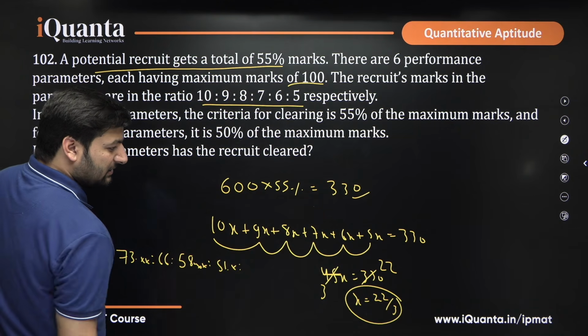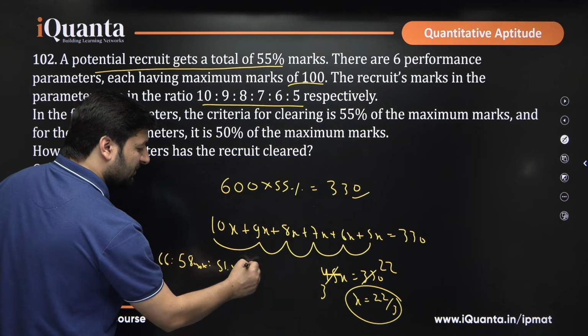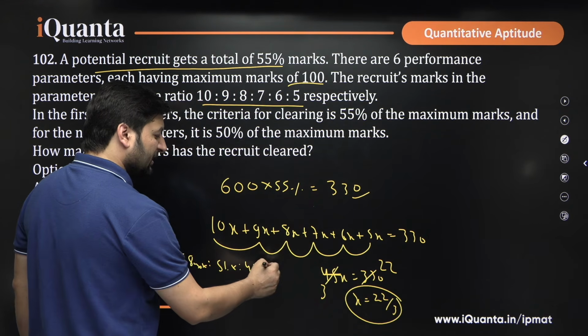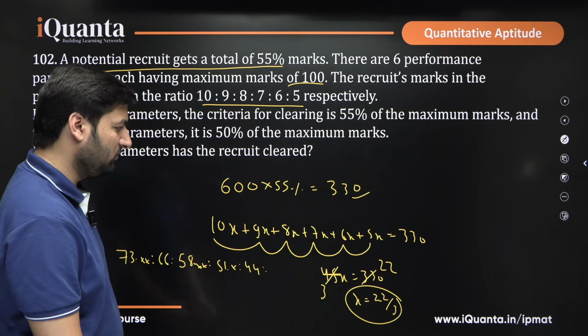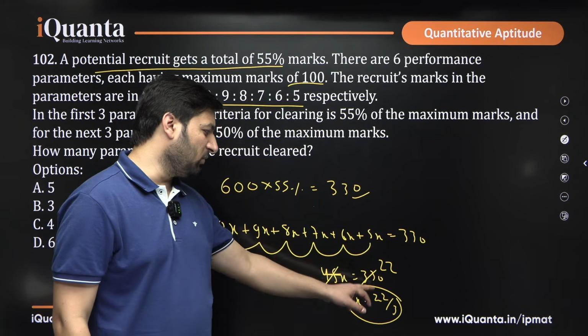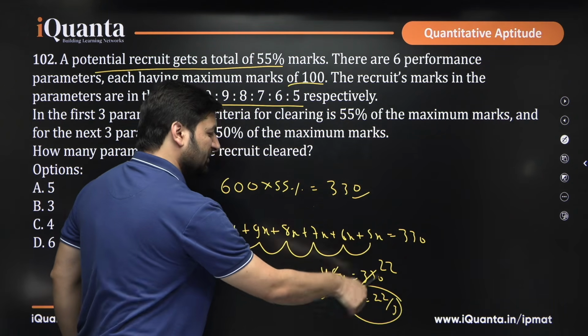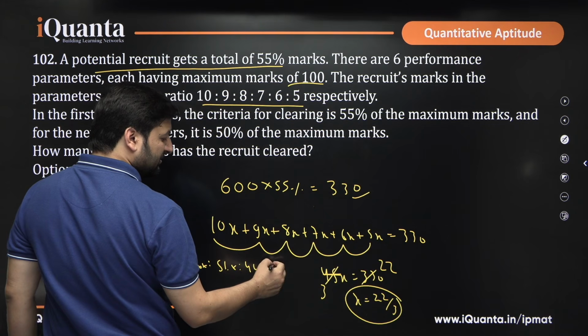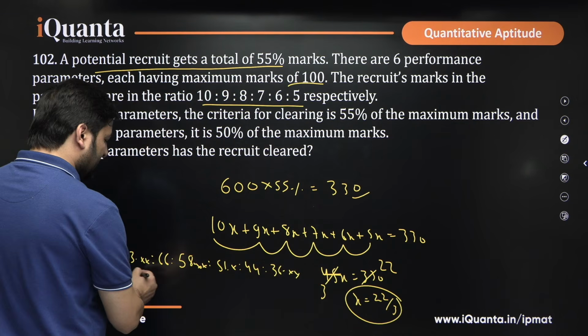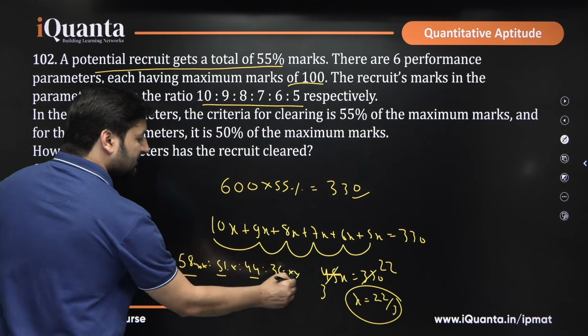Next, 6x, 132 by 3, that means 44. Now, 5 into x, that means 110 by 3, that means 36 point something. These are his marks in the 6 subjects.